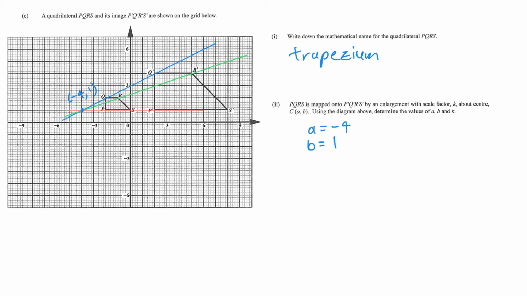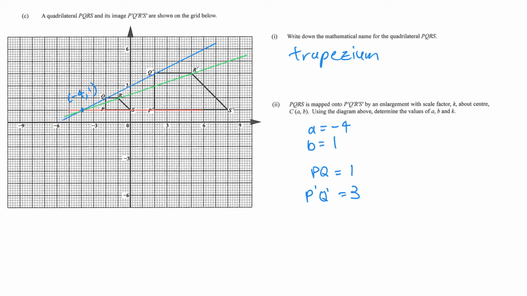To find the scale factor K, we just compare similar edges. For example, we can compare the length of PQ, which is 1, with the length of P'Q'. And looking at our diagram, we see that that length is 3. So it seems like my scale factor K is 3 because the lengths were tripled.